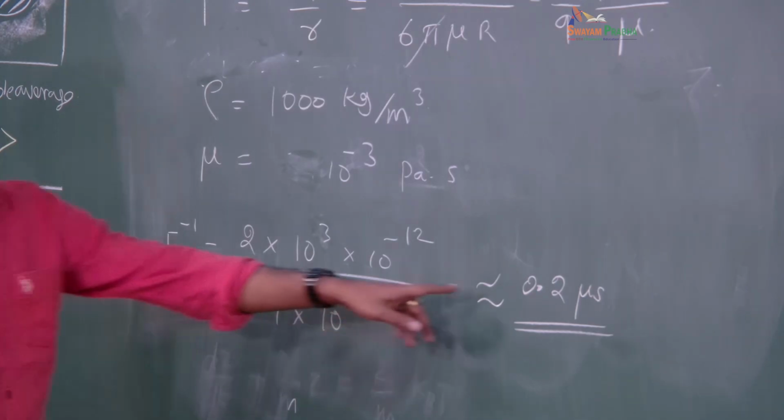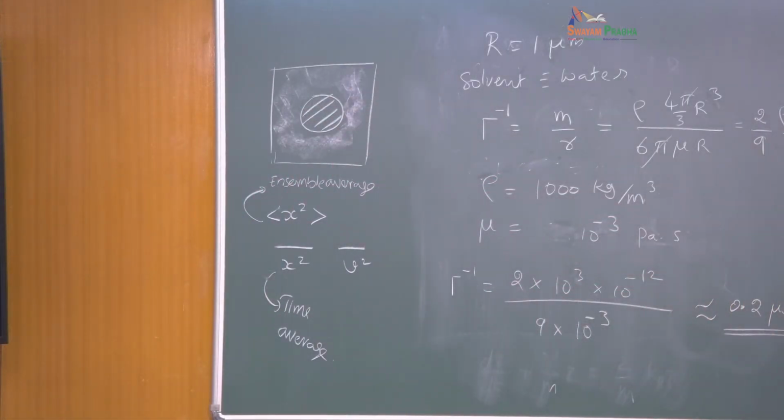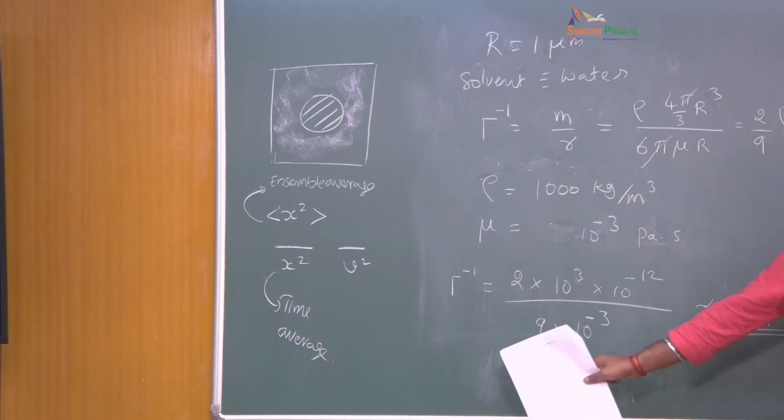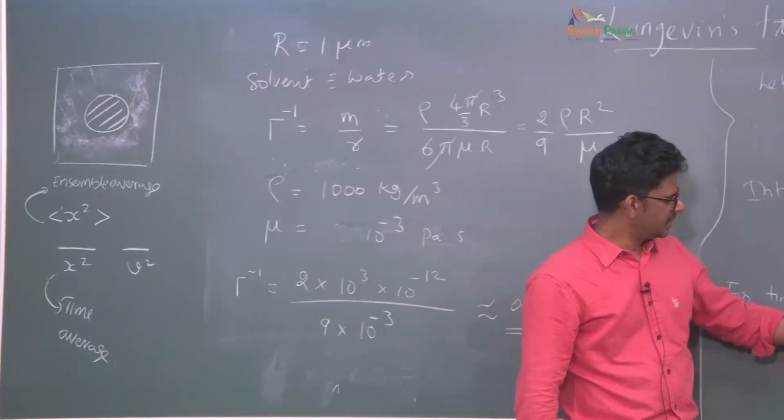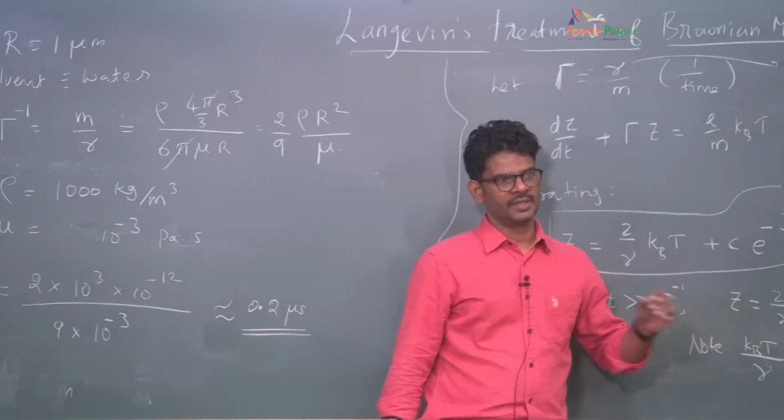So this is the time scale I was talking about here. So at a time scale t larger than this 0.2 microsecond, this mean square displacement will become constant.